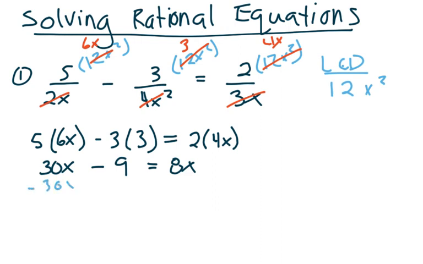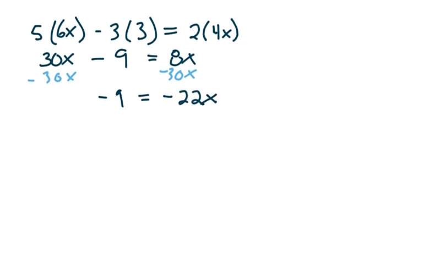Subtract 30x from each side, so all of our x's are on one side, to get negative 9 equals negative 22x. Then divide by negative 22. The negatives cancel out, so x equals 9 over 22.